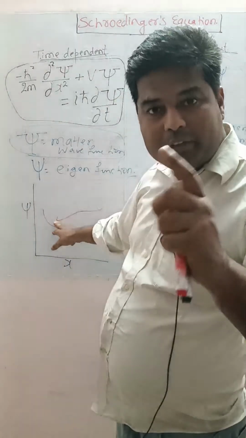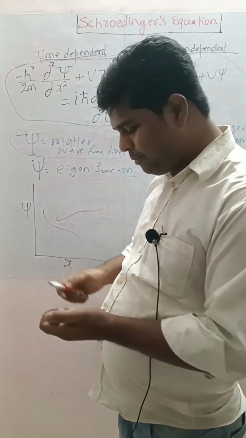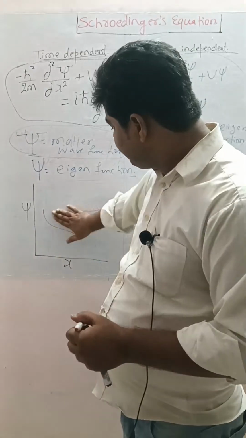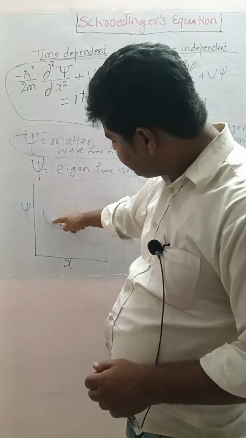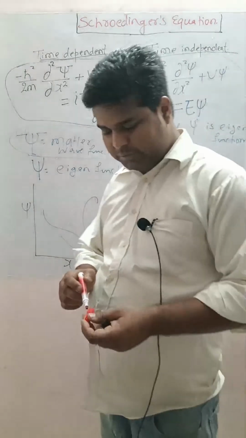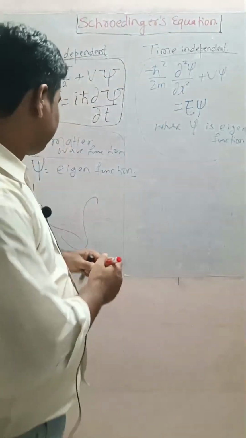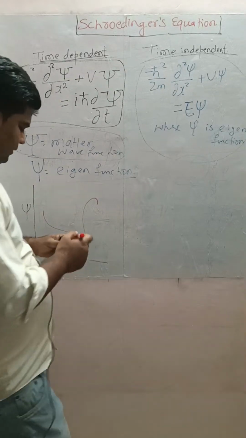It means that they are not continuous. They are discontinuous. For a continuous curve, we need no breakings. Understood? This is a continuous curve. But if there is another curve, then this is discontinuous. Clear? So eigenfunction must be continuous.